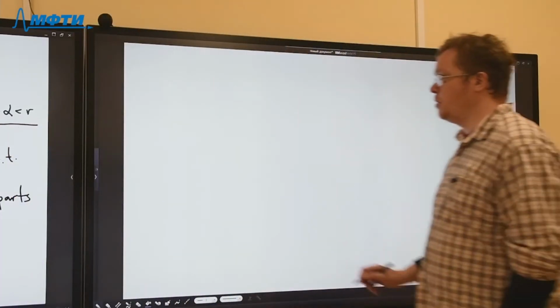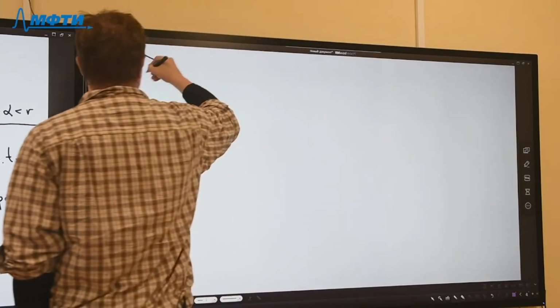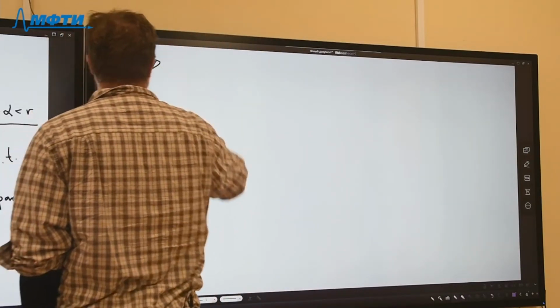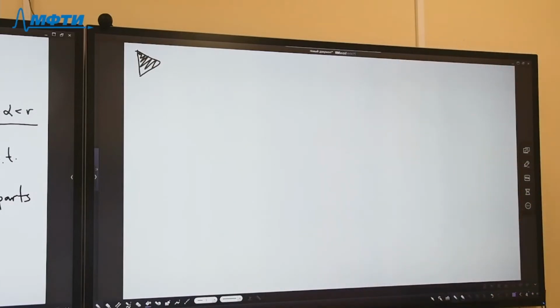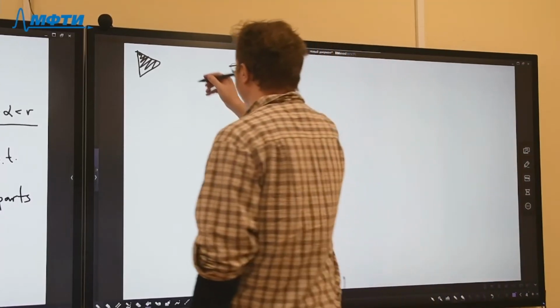So we want to prove that if we take the graph without (r+1)-cliques which has the maximal number of edges, then it will be the Turán graph T(n,r).